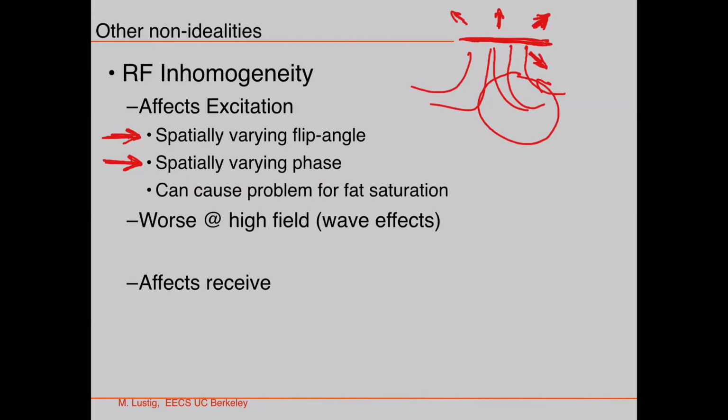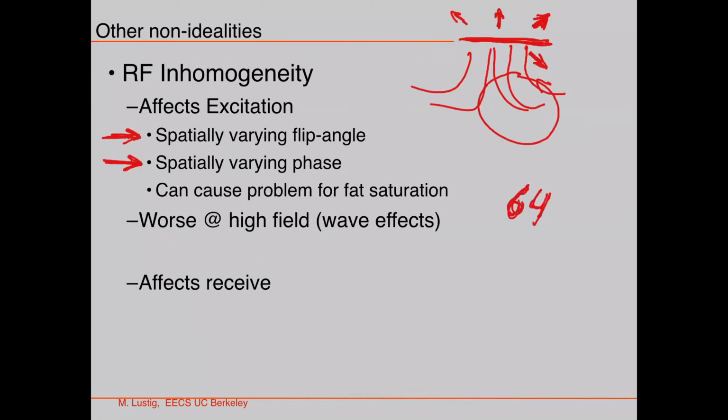So that could cause problems. For example, I mentioned fat saturation, FLAIR, inversion recovery, all that stuff can cause an issue. It's not a huge problem for low fields, but it gets really, really bad in high field. The reason it gets bad in high field is the wavelength. So what's the wavelength at 1.5 T? 64 megahertz.